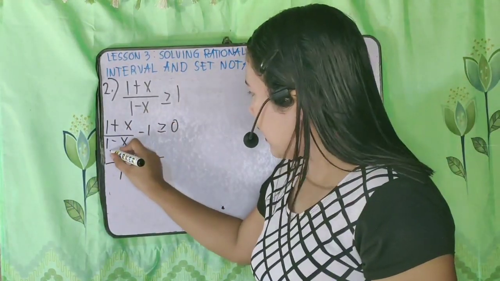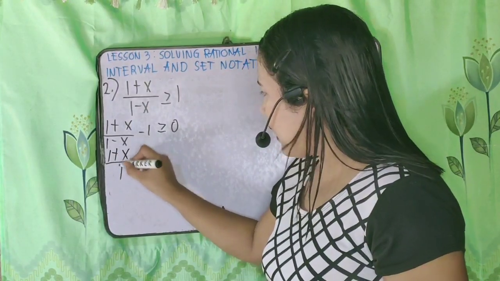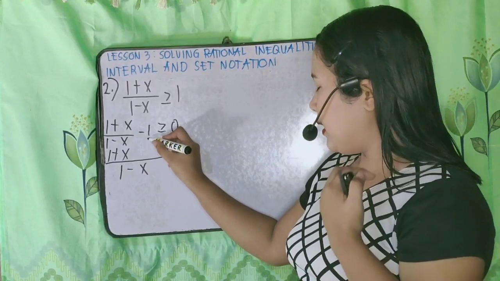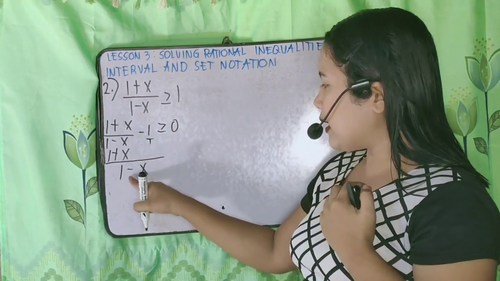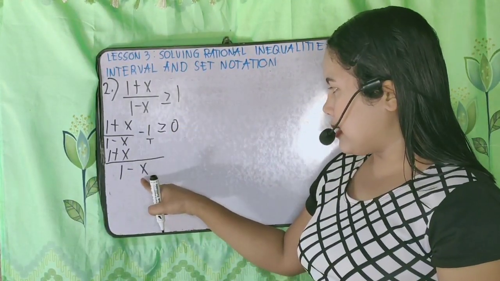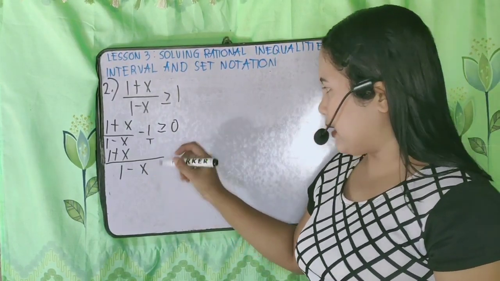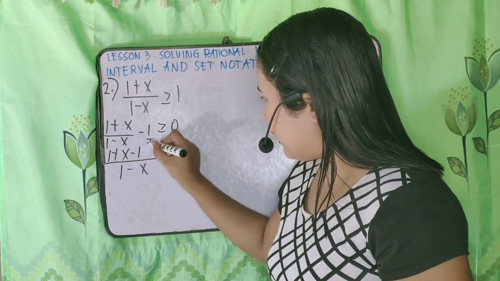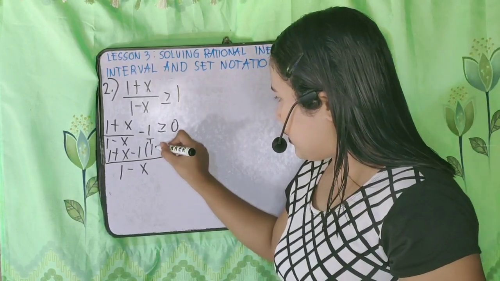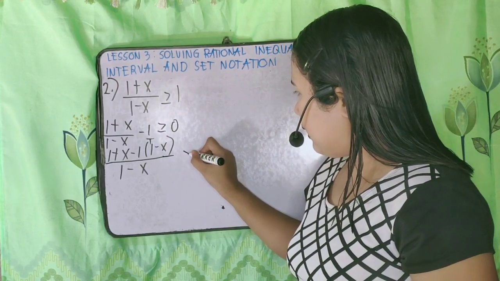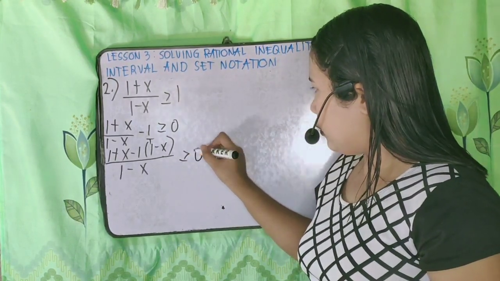So, our answer is 1 plus x. Then, yung sa second fraction natin, di ba may denominator siya na 1? So, negative 1 minus x divided by 1. So, the answer is 1 minus x. So, copyhin lang po natin dito yung 1 and then copy the LCD which is 1 minus x. And then, greater than or equal to 0.